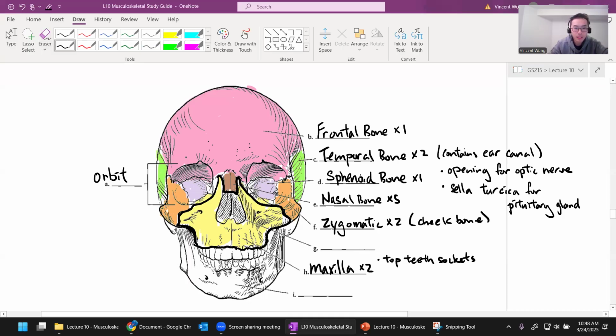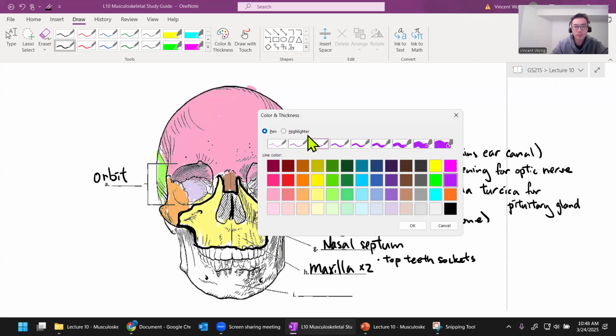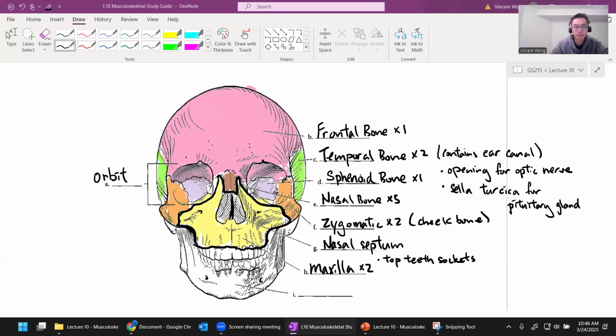Over here, we have part of the nasal septum. It separates the two halves of the nose. And lastly, the only movable part of the head of the skull is this mandible.